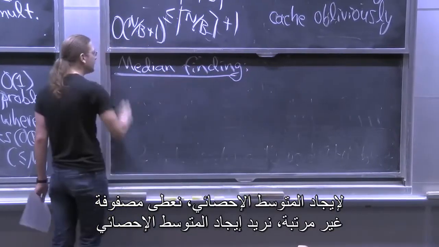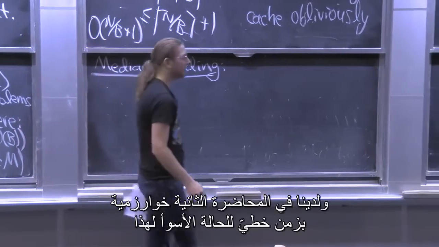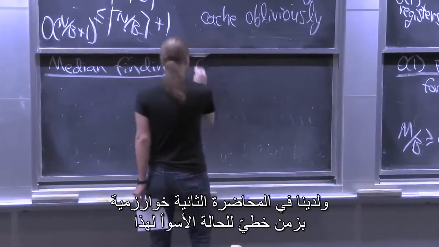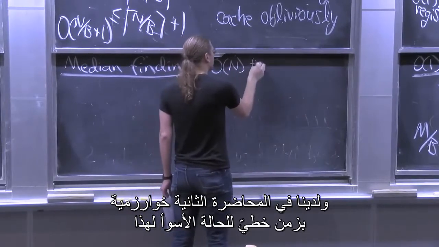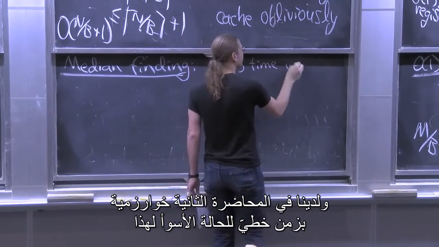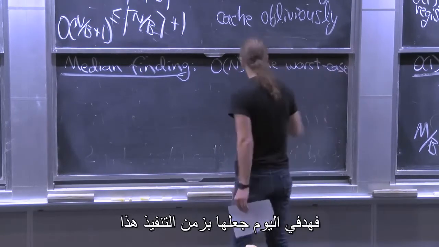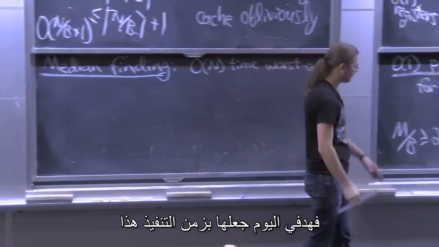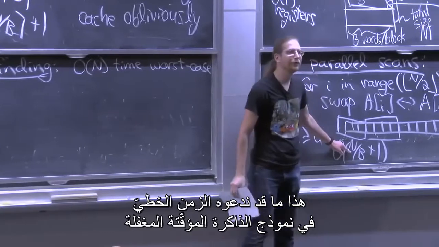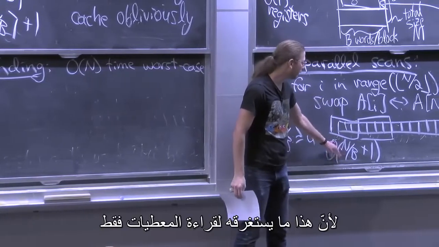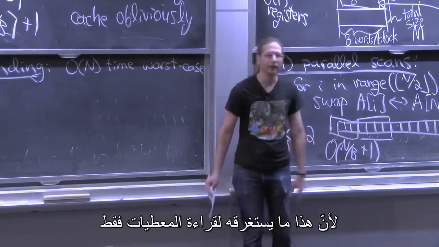You want to find the median. And in lecture 2, we had a linear time worst case algorithm for this. And so my goal today is to make it this running time. This is what you might call linear time in the cache oblivious model, because that's how long it takes just to read the data.